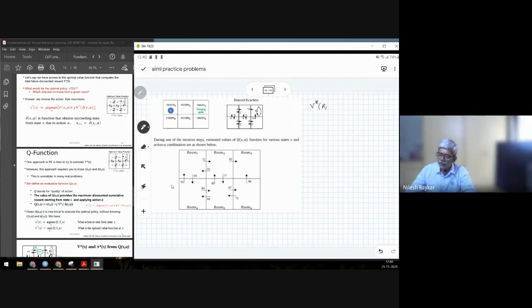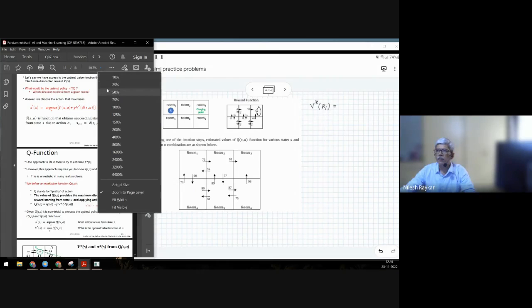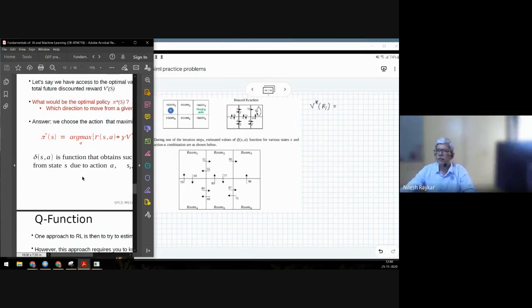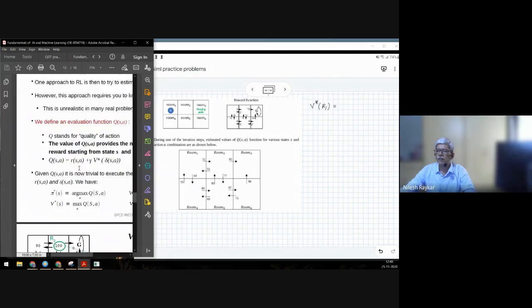So V star for R1 would be given as, I'm using the formula which is defined here. Let me just zoom this a little. V star S is the max among all the actions that you can take from a state.